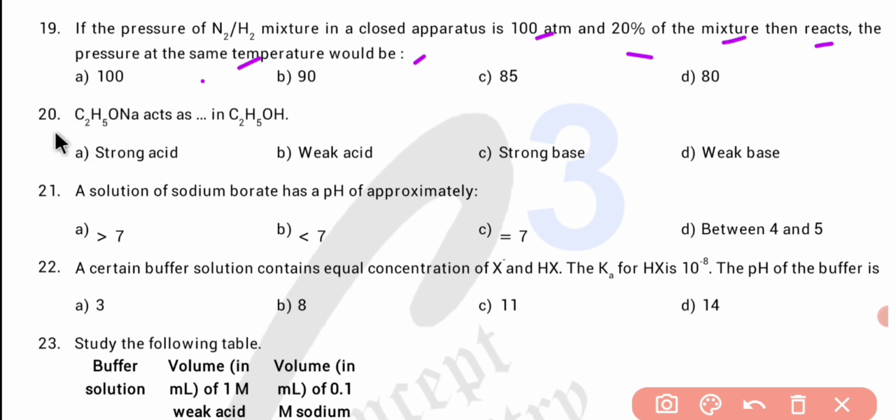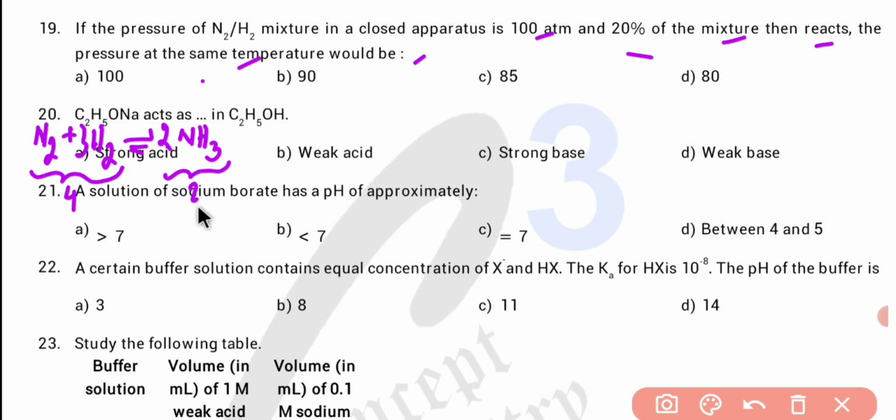Now let me write the reaction. This is N2 plus H2 gives NH3, and if we balance this reaction, this is 2 and this is 3. Here we must keep in mind that the number of moles of the reactant is 4 and the number of moles formed on the product side is 2.